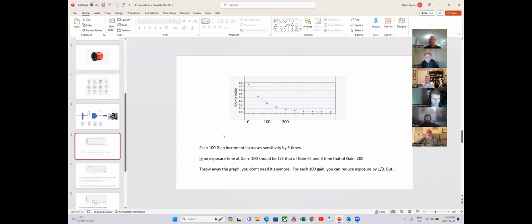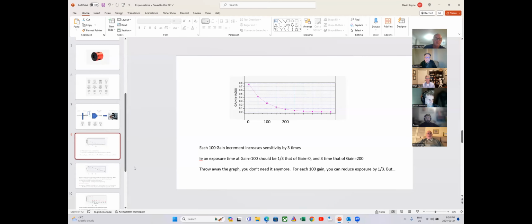But if you don't want to expose for 20 minutes per frame, you can go to 100 gain and divide that exposure by a factor of 3. So 20 divided by 3 is 7 minutes long. So maybe you want to take red at a gain of 0 for 2 minutes, and hydrogen alpha at an exposure of 7 minutes at a gain of 100 or 100 higher.